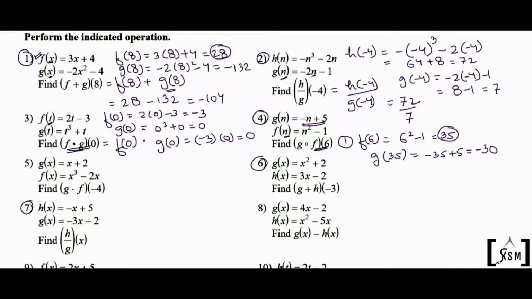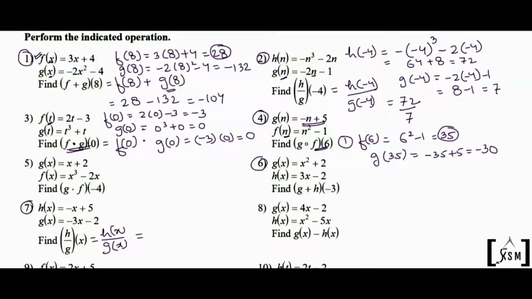hx function is given, gx function is given, and the question is to find h over g of x. So basically it is nothing but hx divided by gx, because h over g is division. Okay, hx value has already been given.